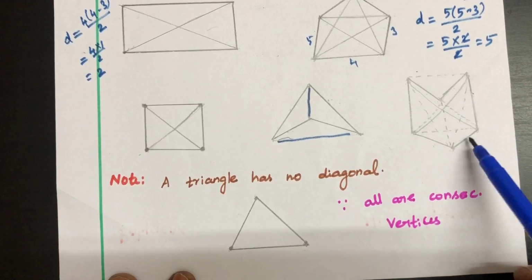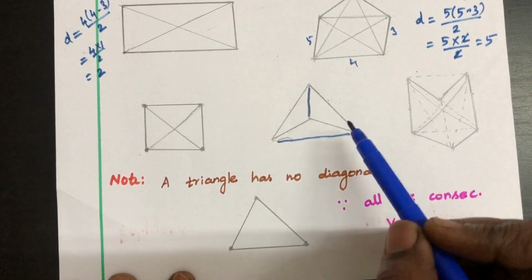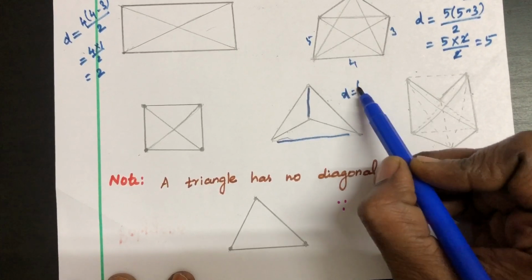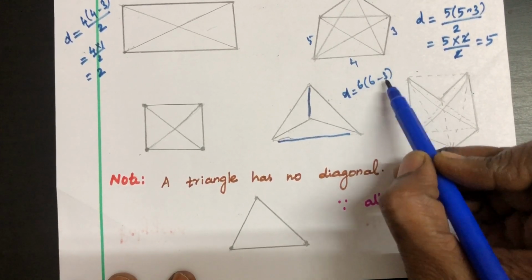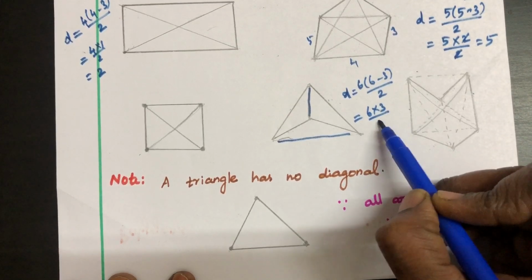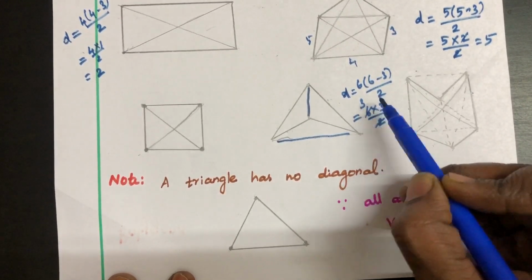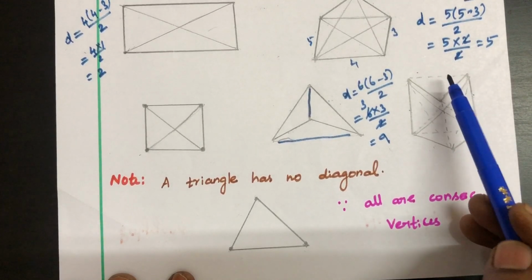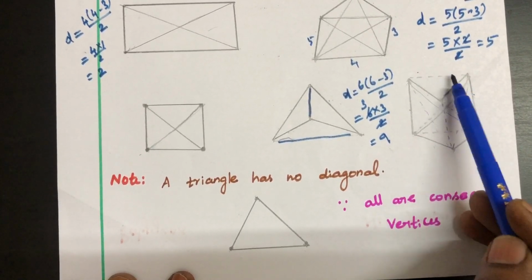This is a polygon made up of 6 sides. 1, 2, 3, 4, 5, 6. So 6 means, what is the formula? D is equal to 6 into 6 minus 3 divided by 2, which is equal to 6 into 3 by 2. If we cancel, 3 3s are 9. So 9 diagonals should come. Let us check. 1. This is one diagonal.